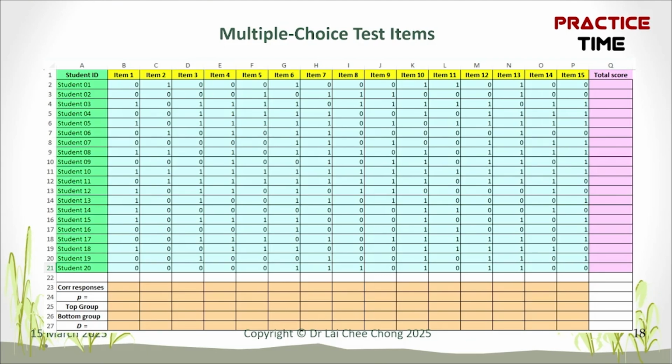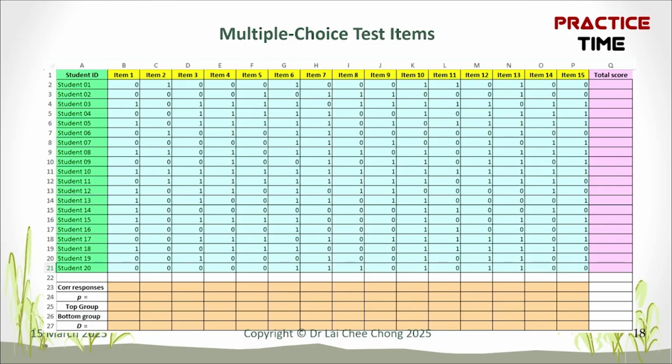And let's say you capture all the points. Now, by the way, say MCQ, you only have what? 0 or 1, right? 1 is the correct answer, 0 is the incorrect answer. Quite simple for MCQ. So what you do is that you have tabulated all the scores of students for 20 students here for all the 15 test items.